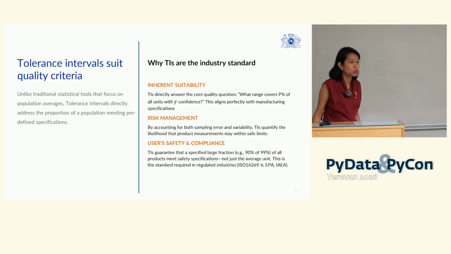For example, for some parameters that you consider not really a health hazard or not so important, you tend to lower the proportion of the population. This is also a standard that is already required in regulated industry. You have the ISO number here.